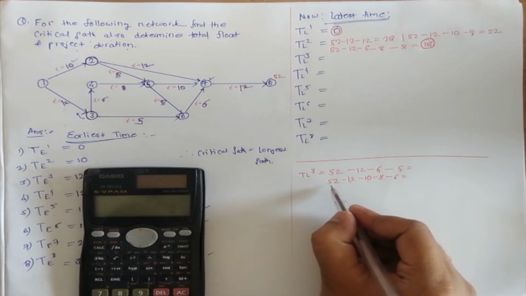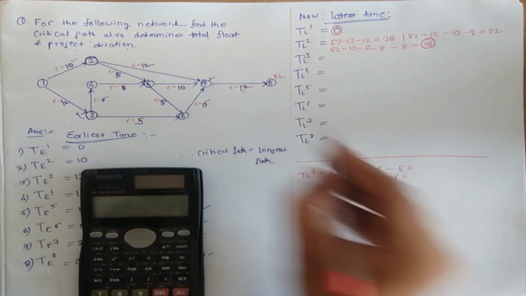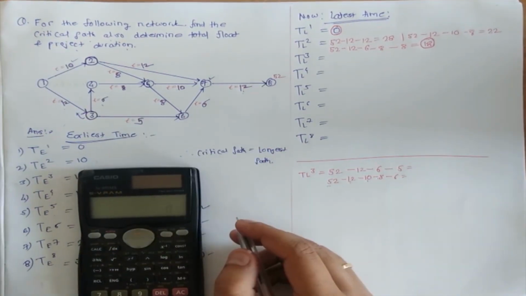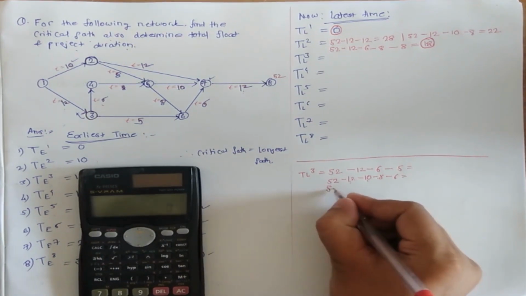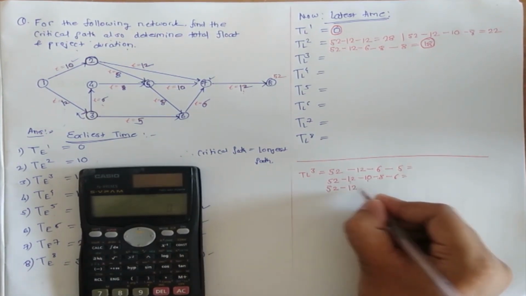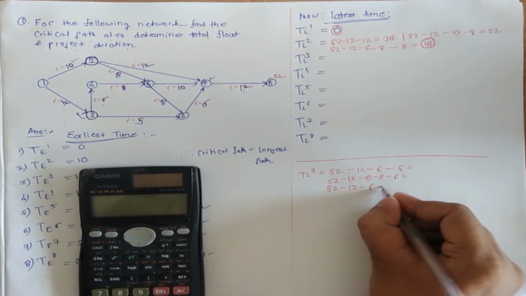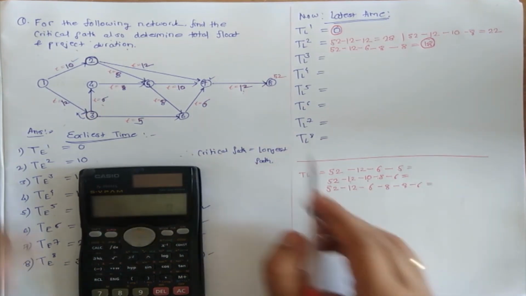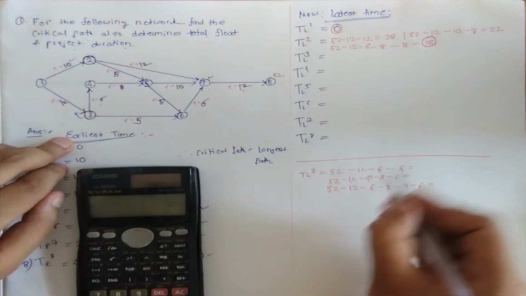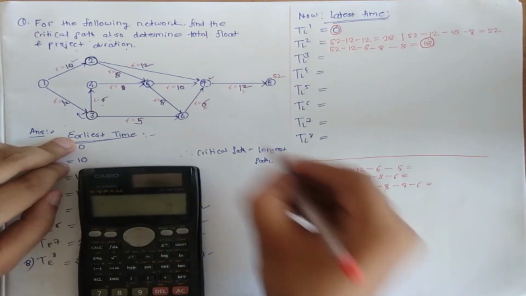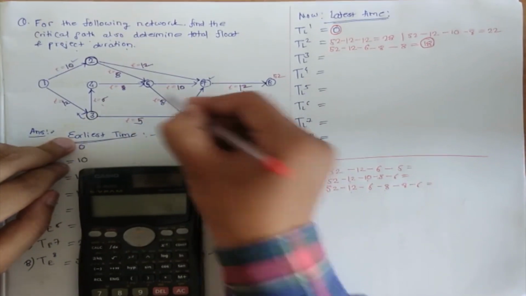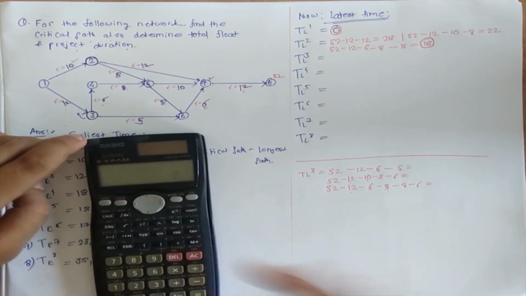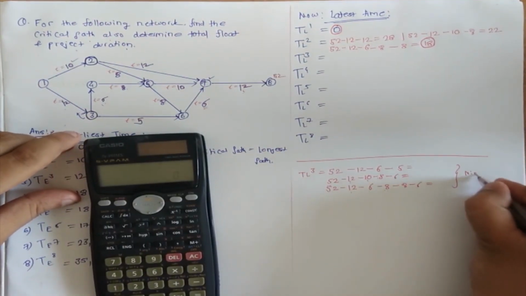And we have another method, 52 minus 12 minus 6 minus 8, opposite to the direction of the arrow, minus 8 and minus 6. We will see one by one which is the minimum, and we will choose the minimum.